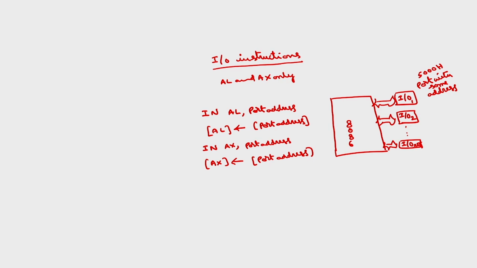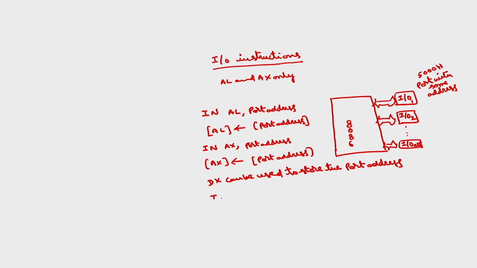There are two more instructions where the port address is by default stored in the DX register. So DX can be used for storing the port address. This is somewhat indirect addressing mode.